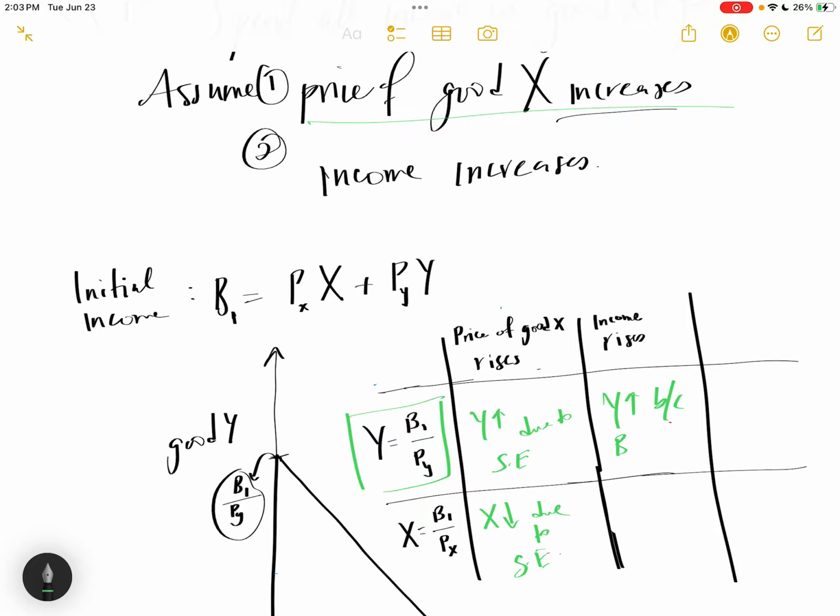So Y goes up because B1 got bigger. Now, X is also equal to B1 over PX, right? Now, when B1 increases, X will also increase because B1 got bigger.